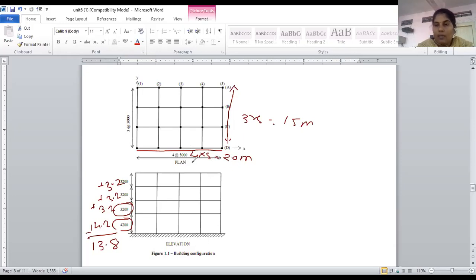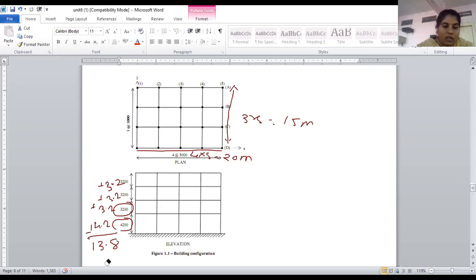And the other dimension is 3 by 5, that is 15 meter. So the base dimension will be 20 meter by 15 meter.